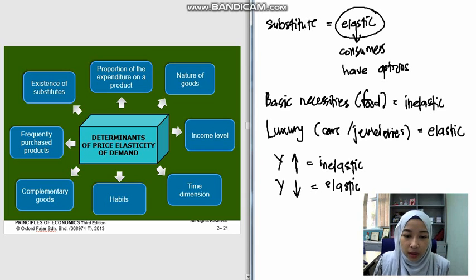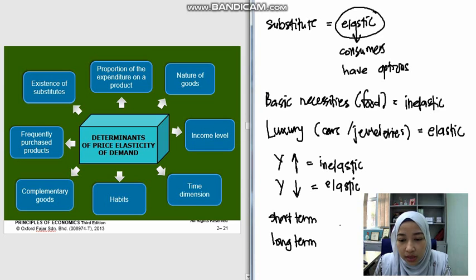Alright. And then for time dimension, let's say in the case of short term period and long term period. If the change in the price is in short term, meaning very immediate, usually they have no time to change their purchase.